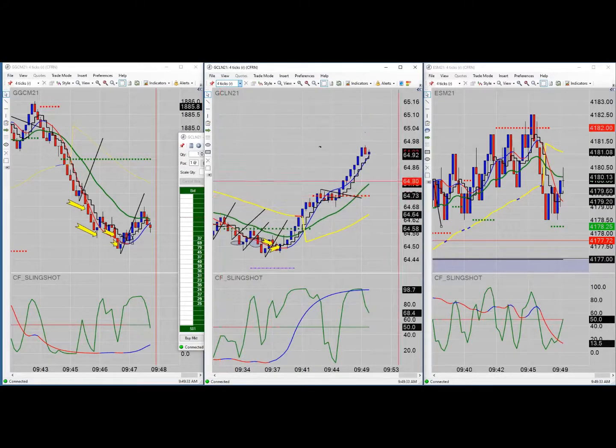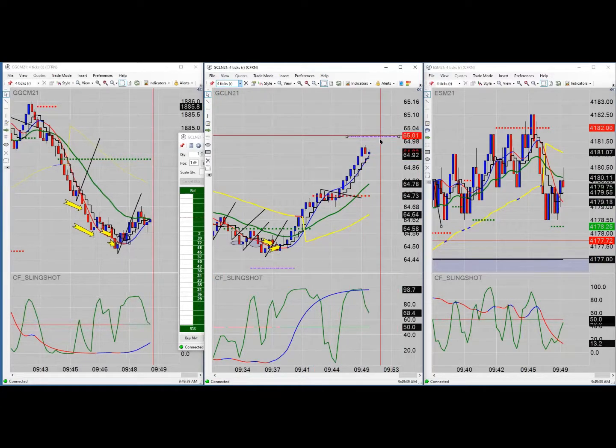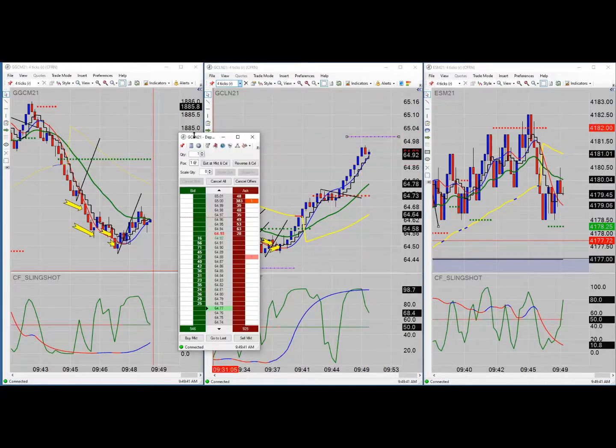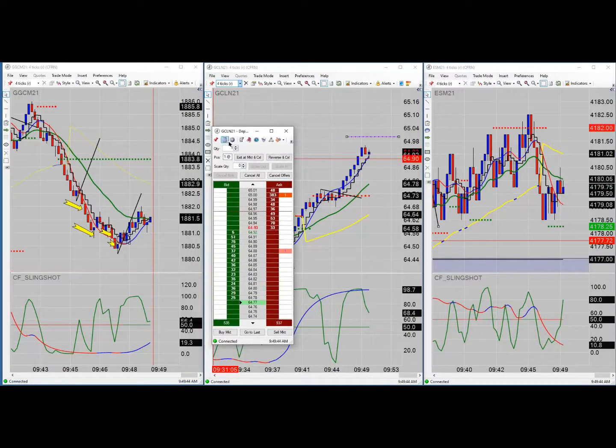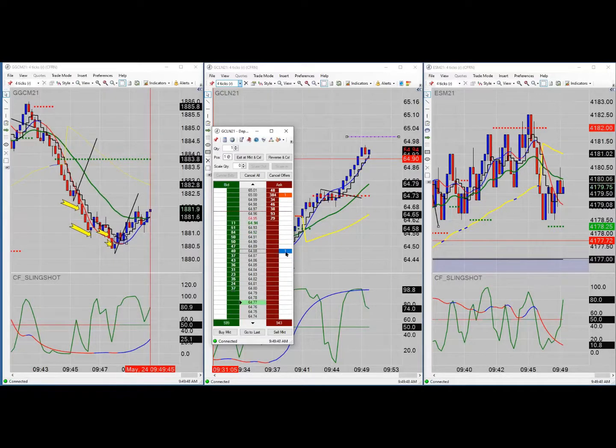And clearly you guys can see that it's trying to get up here, right? 65 right here. Okay, so where am I? I'm at plus 11. 13.